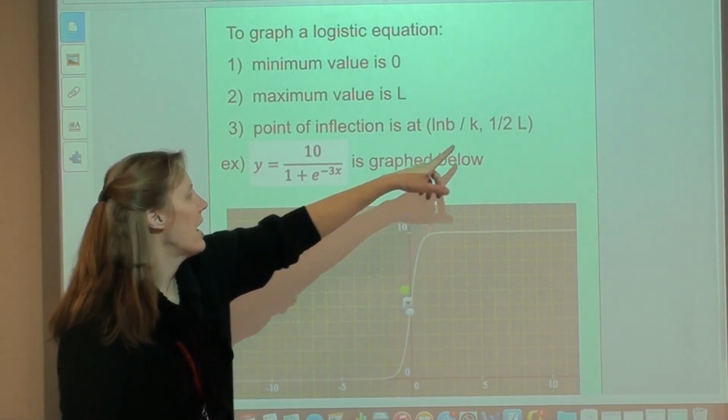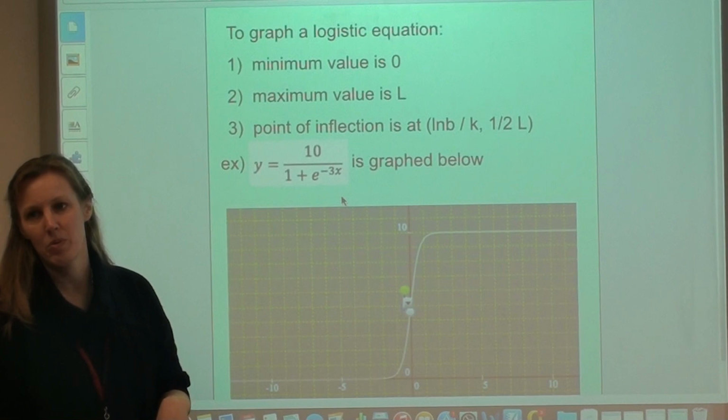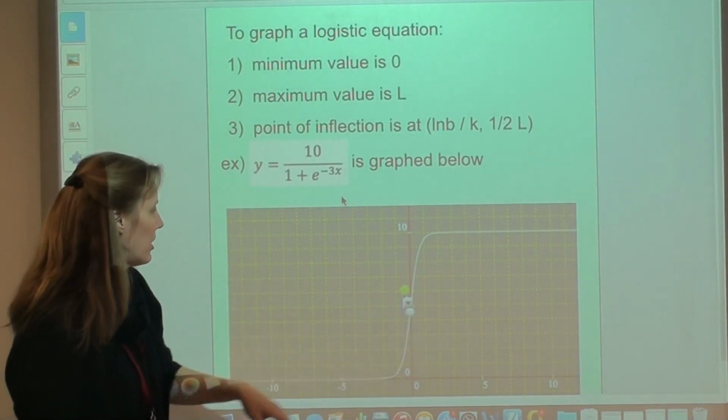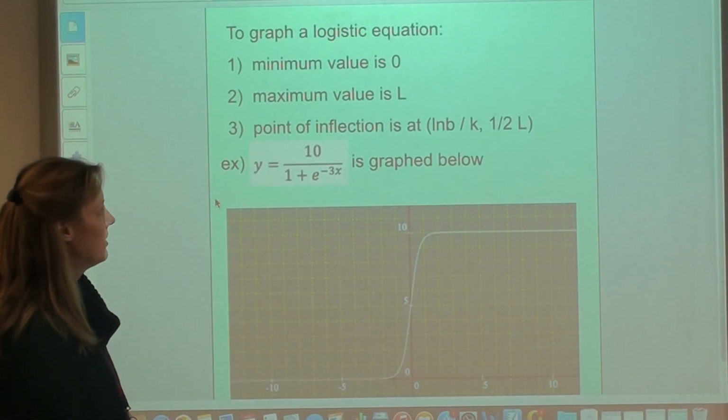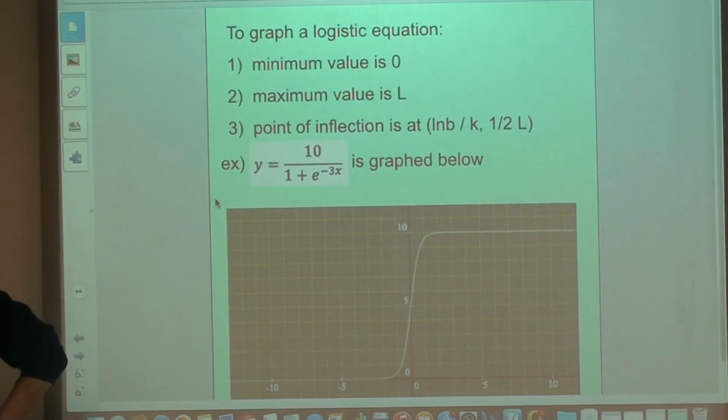And of course, the y value is half of L because it's halfway between 0 and L. But the x value is the one that's kind of tricky. You don't have to memorize that, but it will help make graphing faster and easier if you are aware. So, ln b over k.